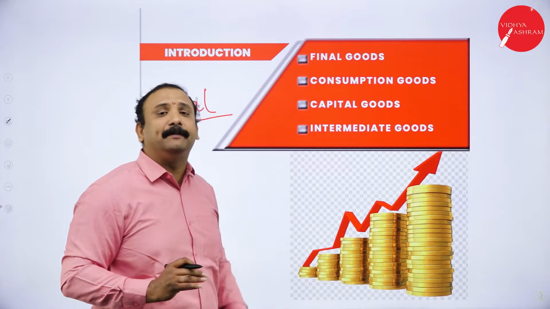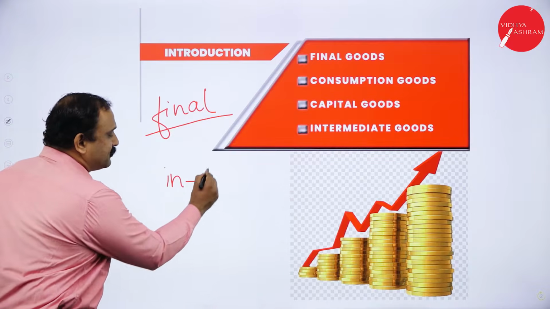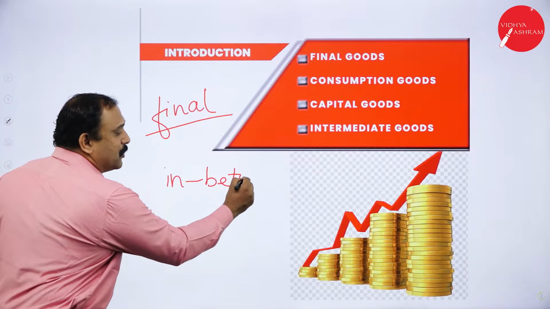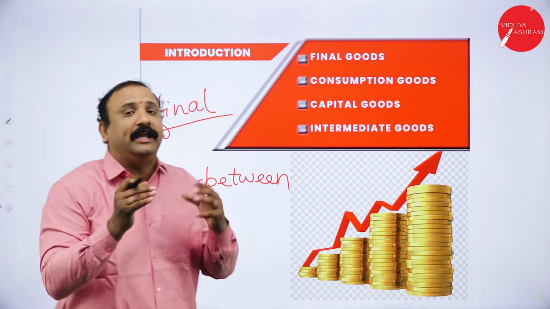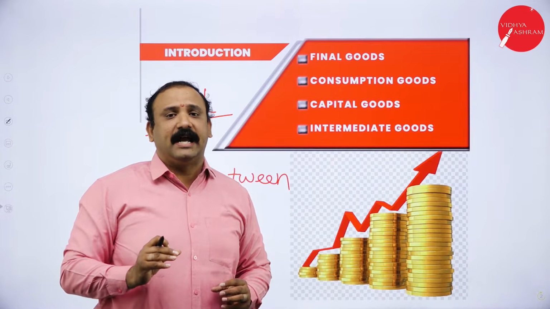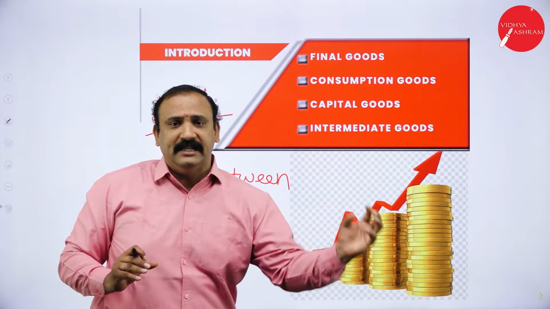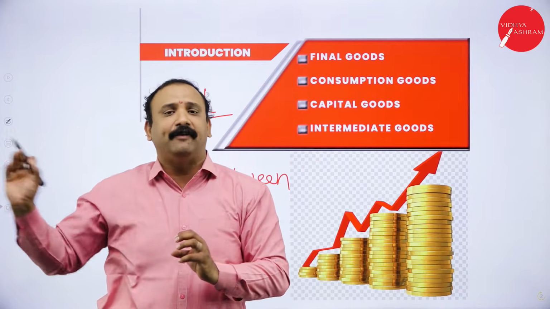Next, intermediate goods. These are in-between goods. So this word is very important for us. When I say the word intermediate, that means in between. There are some goods, some factors where you will see that there is a raw material, then there is something called a processed good, and then comes the final good.